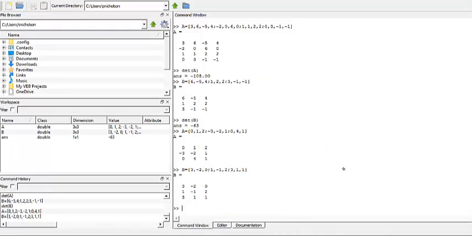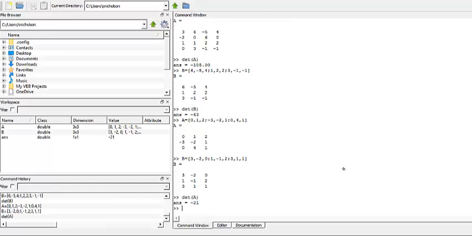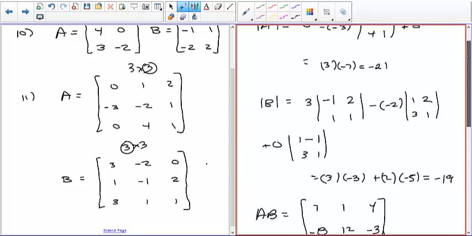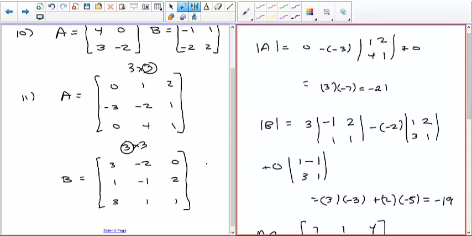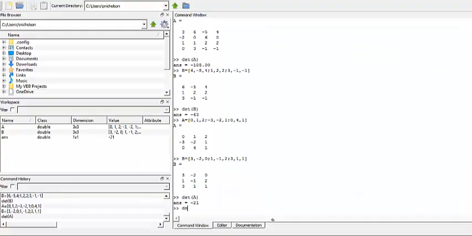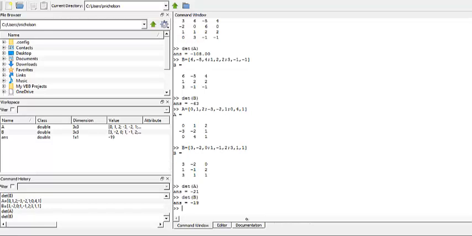Now what you can do is the determinant of A and push enter, and you get negative 21, which is I think what we got. Negative 21. Okay, great. Then we can say what is the determinant of B, and that's negative 19, which is, I know the answer.